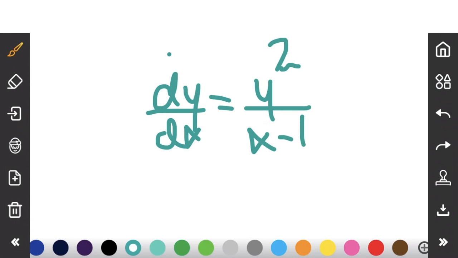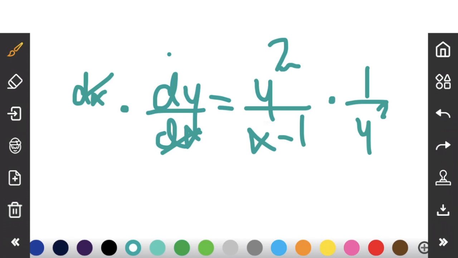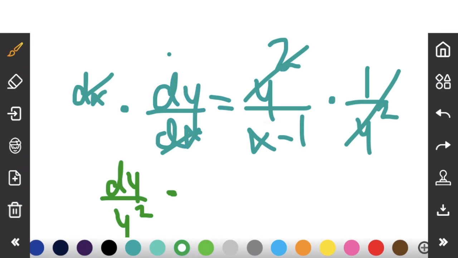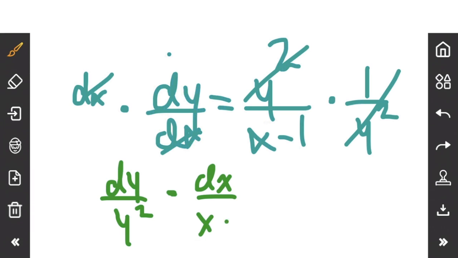You want to get the variables onto either side, so you separate them. So this would be dx multiply, because then these cancel. And this side would be the inverse of y squared, and that cancels. Now you multiply both to either side. So you end up with dy over y squared equaling dx over x minus 1.